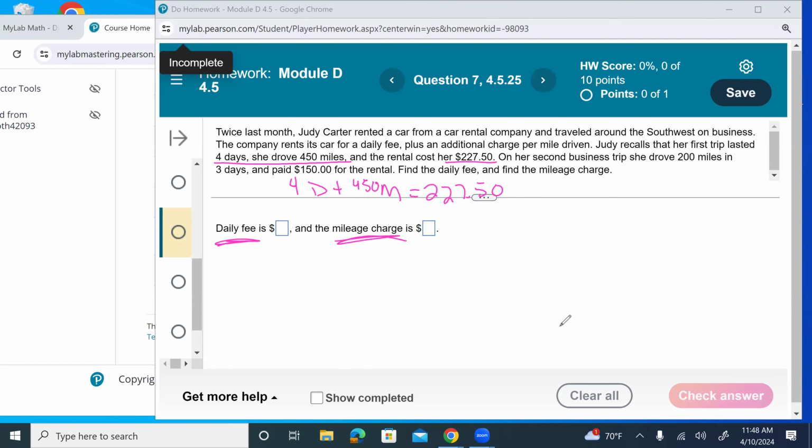227.50. What's the second equation going to be? Here it is: 3D plus 200M equals 150.